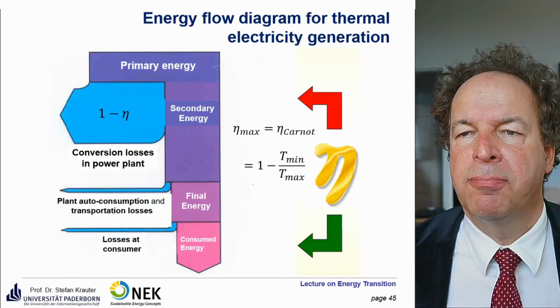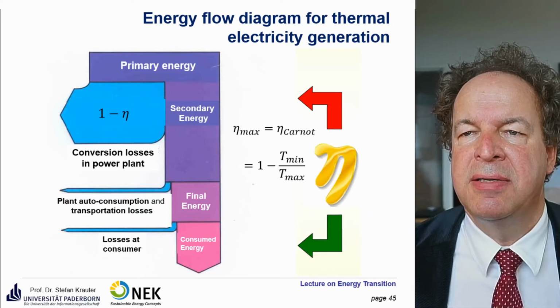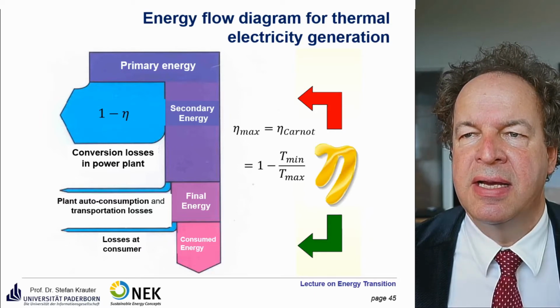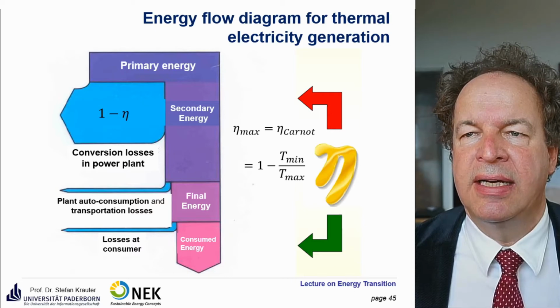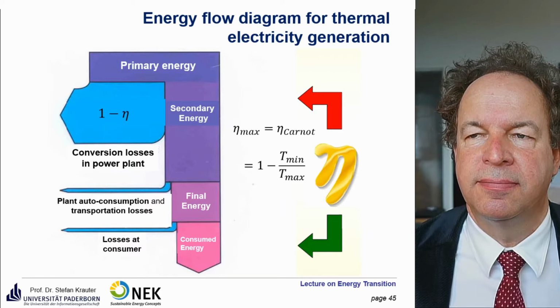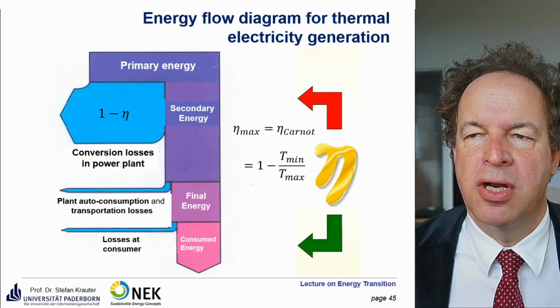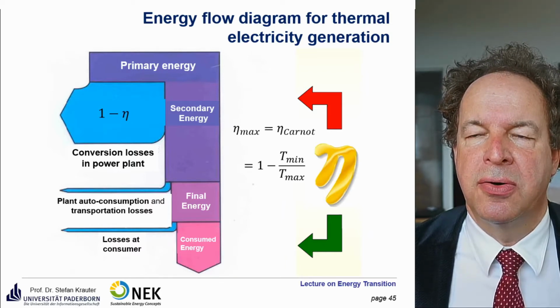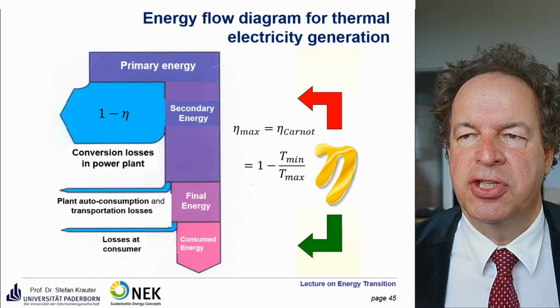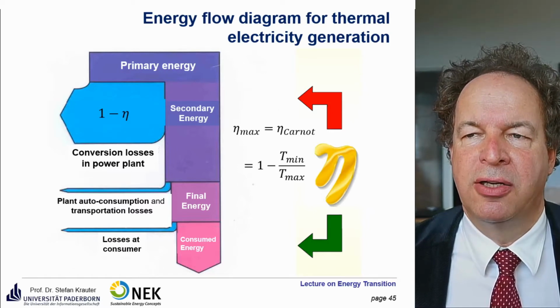If you have really high temperature, then Tmin divided by Tmax is really small, and then the conversion efficiency is very close to 1. But usually this is quite limited, so therefore the conversion efficiency of thermal power plants is quite low.